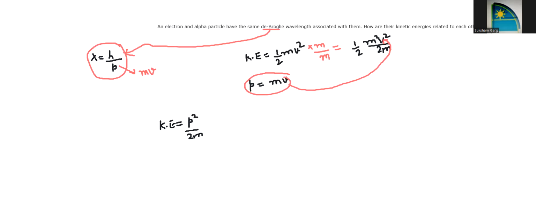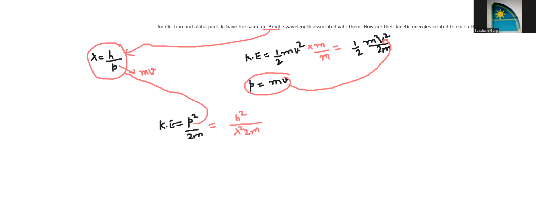It doesn't stop here. This relation you have to remember, and as I said, the de Broglie relation too. Now connect the value of p from here. Instead of p, we are going to convert it in terms of lambda. So we can say kinetic energy is equal to h square upon lambda square into 2m, right?